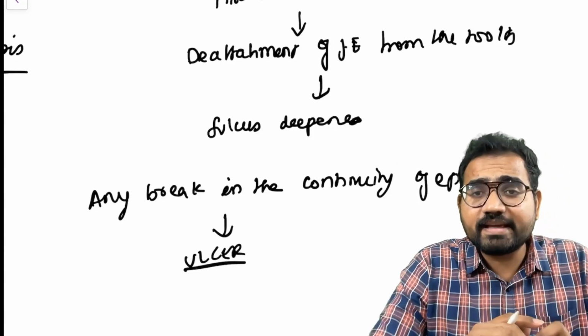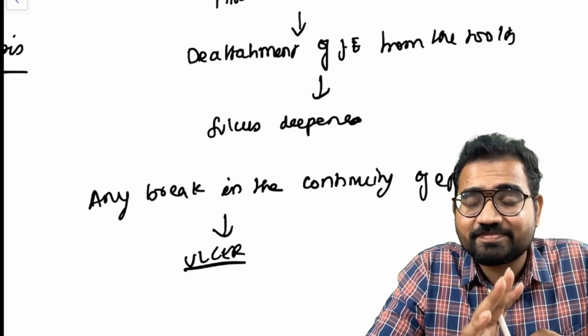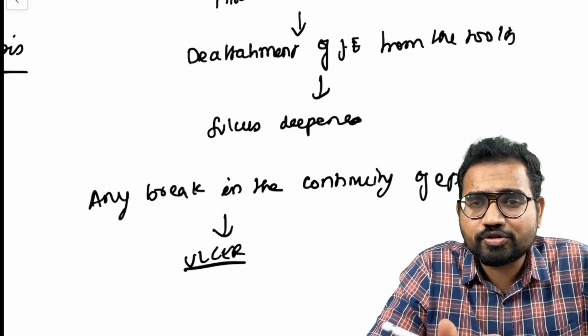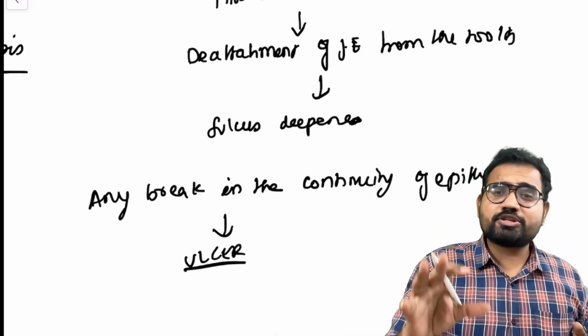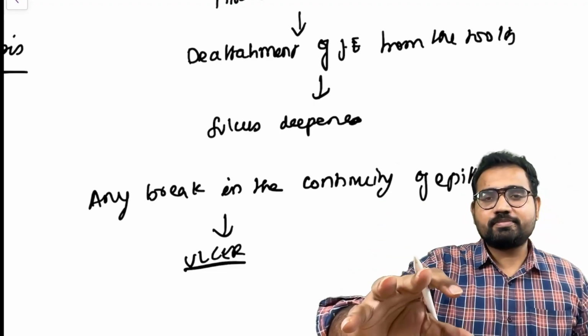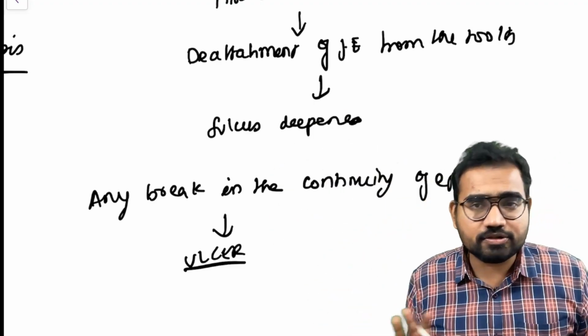So am I right in saying that in a pocket there will be ulcerations? Yes, obviously. Why? Because the tissue loses cohesiveness and the junctional epithelium detaches. Even though it detaches, there will be some portion of epithelium attached to the tooth, some portion of connective tissue attached to the tooth, and some portion of plaque and calculus present on the tooth.